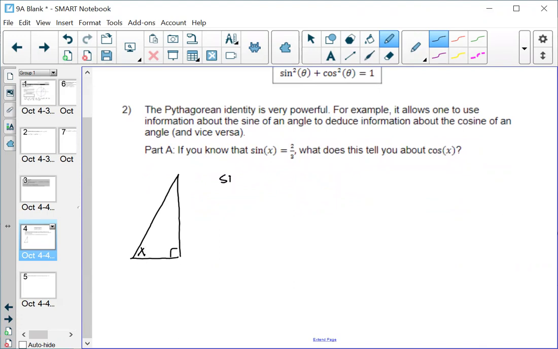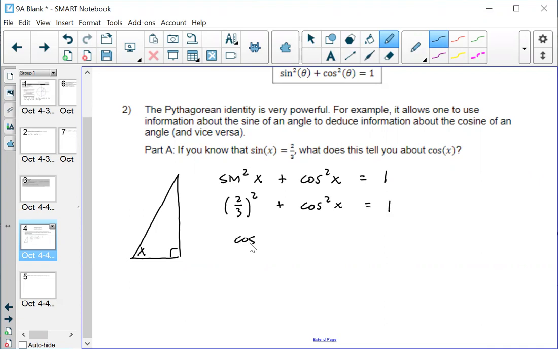We could start by writing sine squared x plus cosine squared x is equal to 1. We know what the sine of x is. It's given to us as 2/3. So we could write 2/3 squared, plus the cosine squared of x, equal to 1.